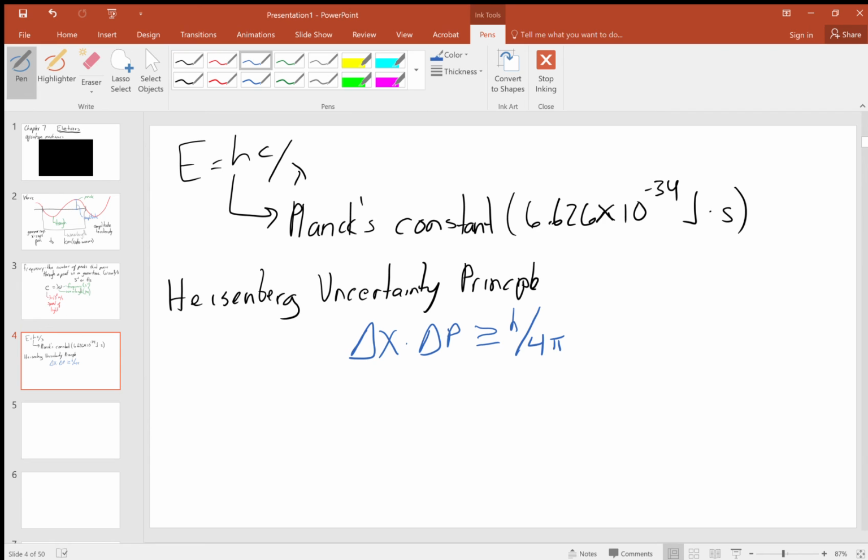Now, what are each of these terms? So delta x is the uncertainty in position. Delta p is the uncertainty in an object's momentum.